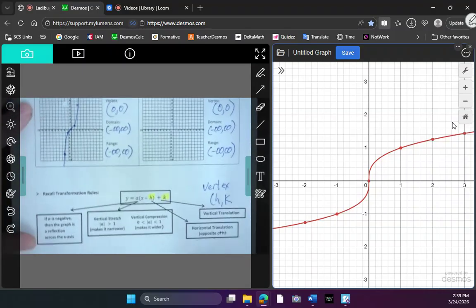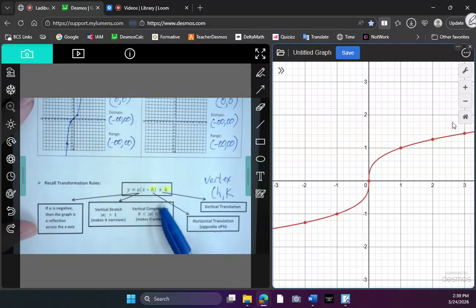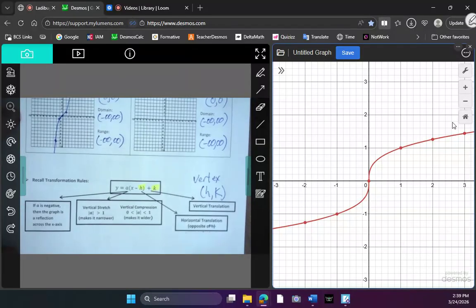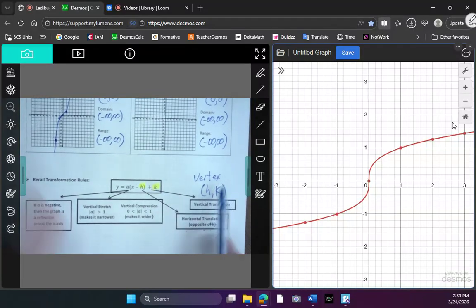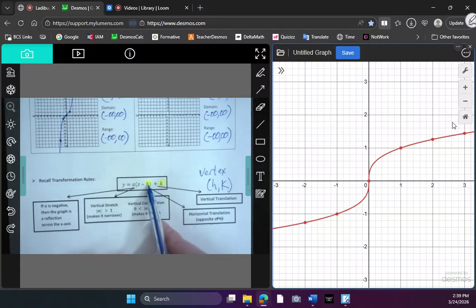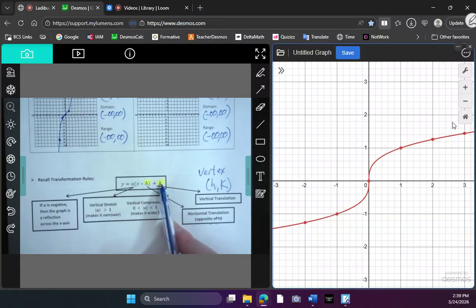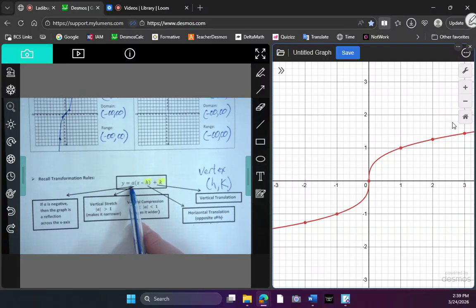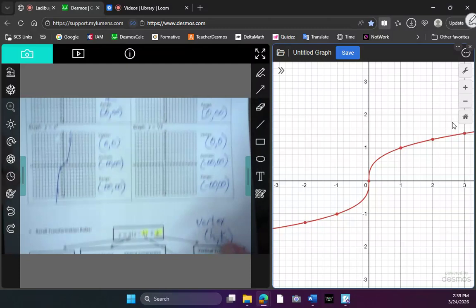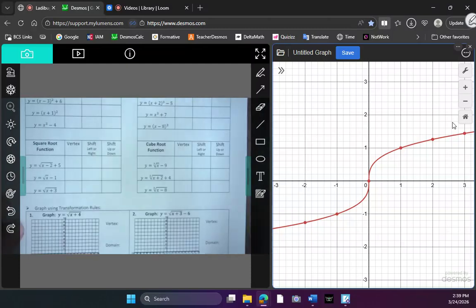So this is your main idea here. The vertex, make sure you close that parenthesis there, is the h and the k value. The a is the vertical stretch. This tells you how far left or right, how far up or down, and the vertical stretch or the reflection. That covers all of your transformations that you will see here.